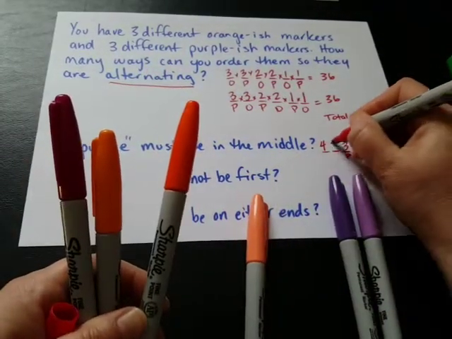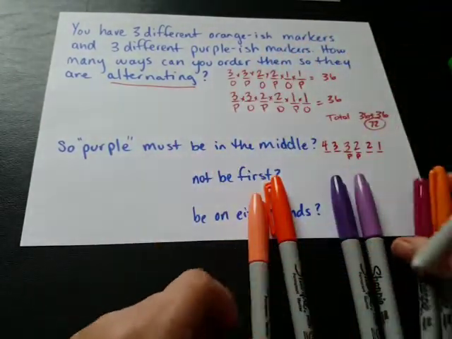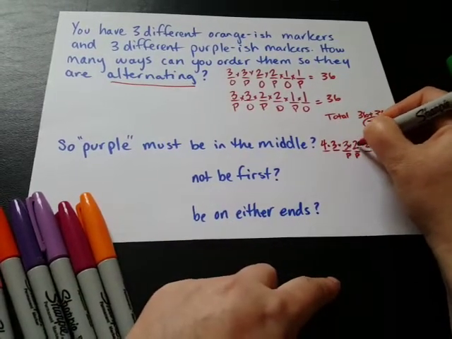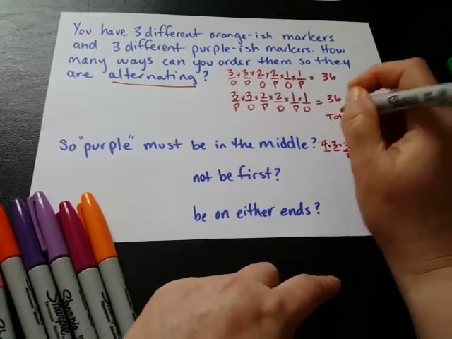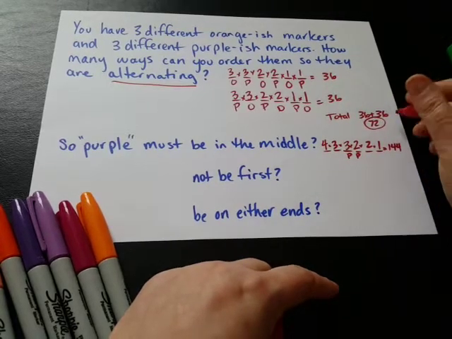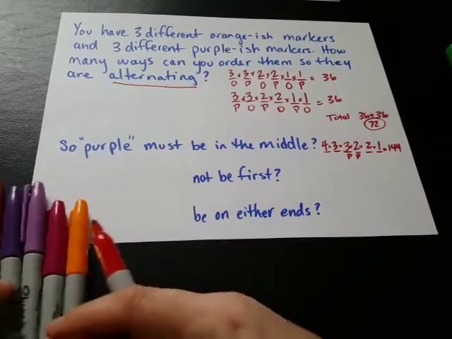Then I've got 3, and then 2, and then 1. So 144 different ways that we could arrange these so that purple's in the middle.